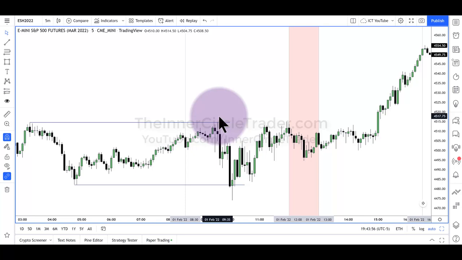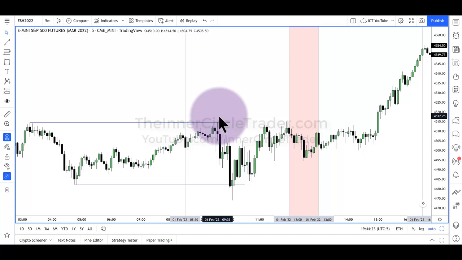Why would the price want to go for those stops? It didn't make any sense, because the books that I had bought never really explained all that in detail. They just said, trust this continuation or reversal pattern. And the idea of stop hunts or raids on liquidity never really came up. So it was an alien topic to me. So when I started delving into the charts and looking at it, it helped me.